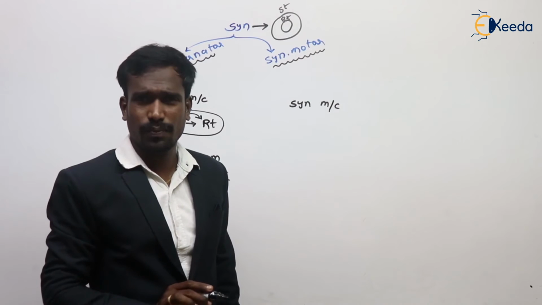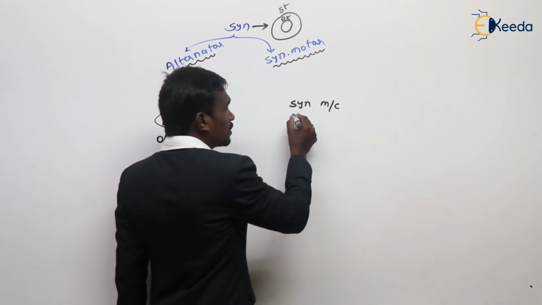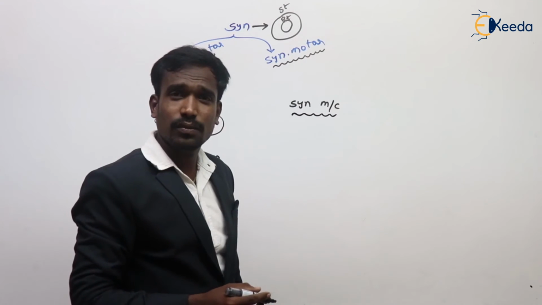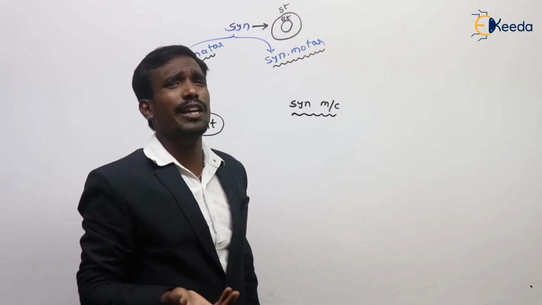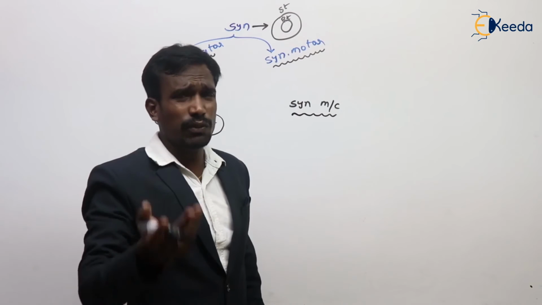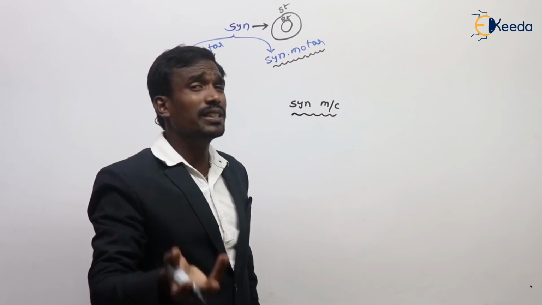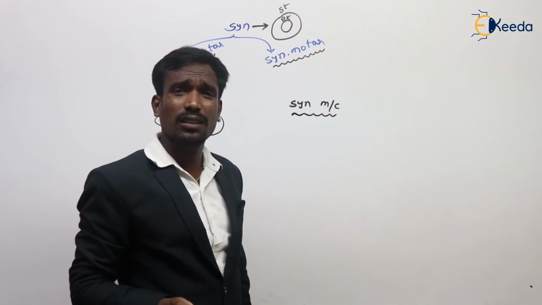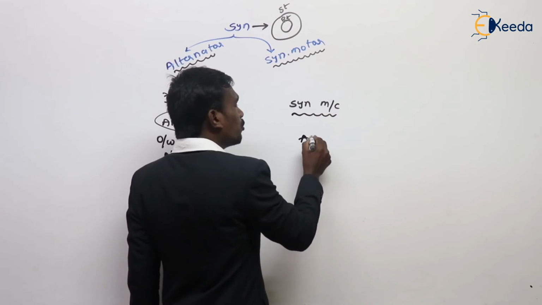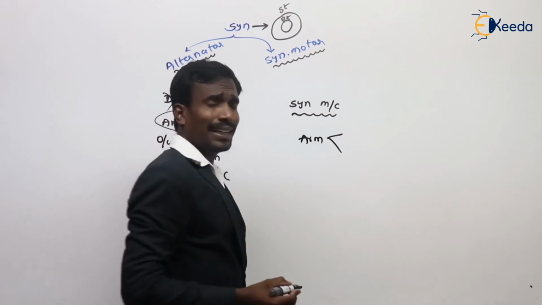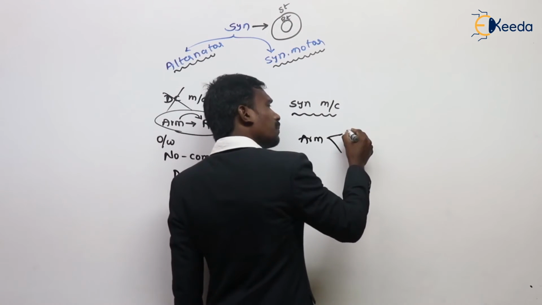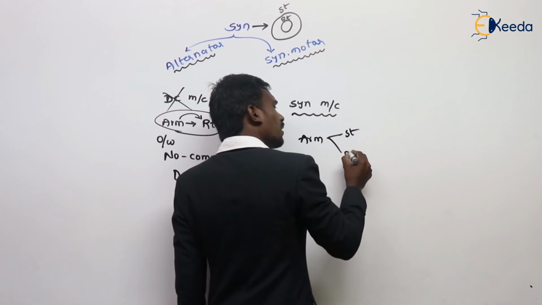Very simple. But in a synchronous machine, there is no need of commutation, right? In a DC machine, we must have commutation, but in a synchronous machine, no need. Then tell me, where do I have to place the armature winding? If there is no need of commutation, we may place it on the stator or on the rotor.